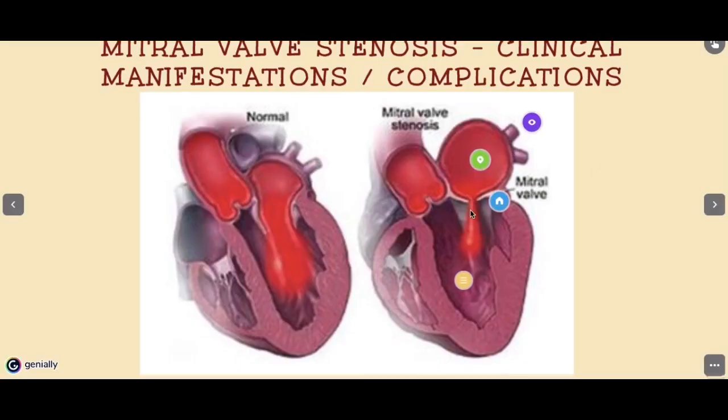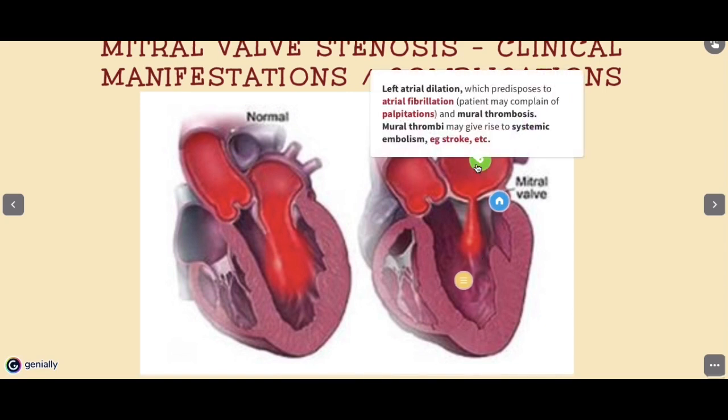So with narrowing of the lumen, there will be a reduction in blood flow into the left ventricle. So what happens is that there will be overload in the left atrium, and this results in left atrial dilation. Left atrial dilation predisposes to atrial fibrillation and also mural thrombosis.